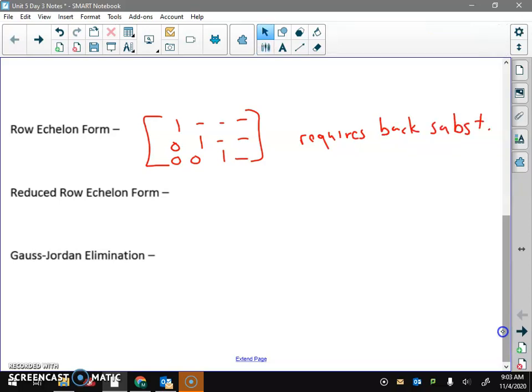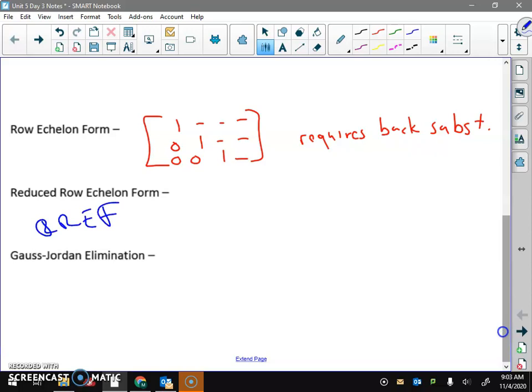A reduced row echelon form matrix, or RREF, and again, that's on our calculator in a couple days, has the main diagonal 1, these are 0, and these are 0, which tells me what x equals, what y equals, and what z equals, without any back substitution.